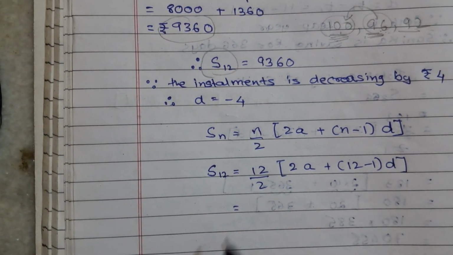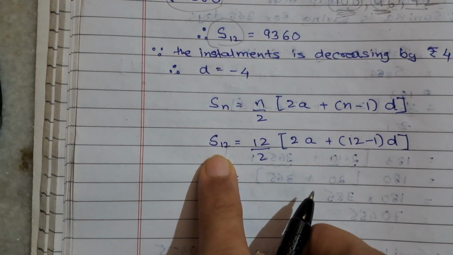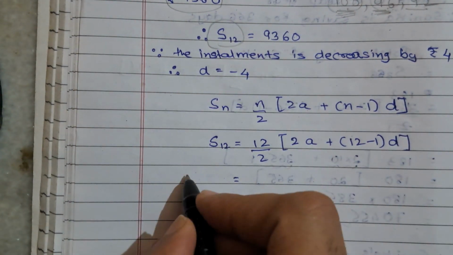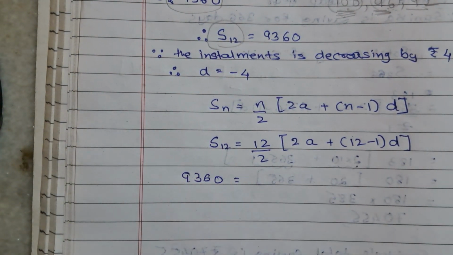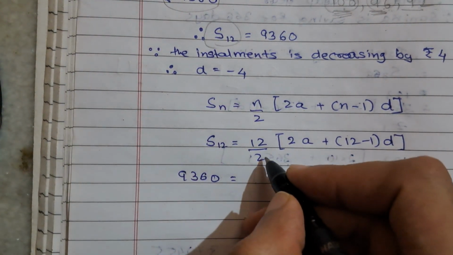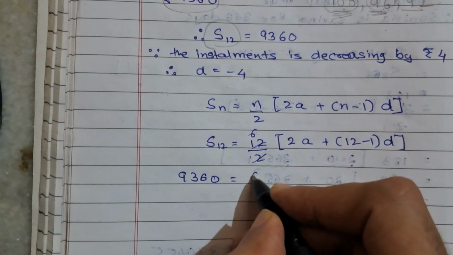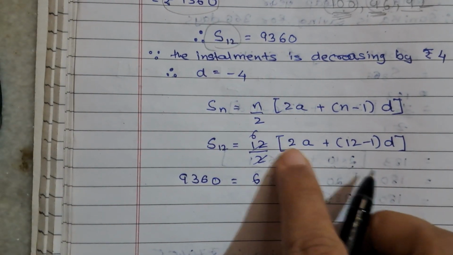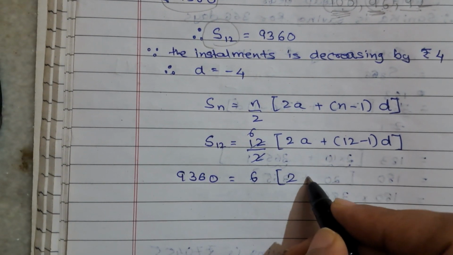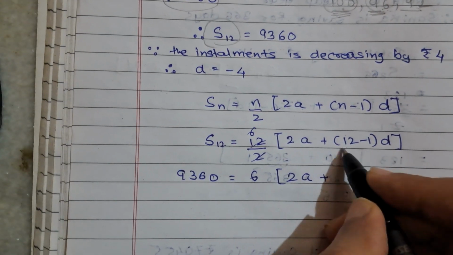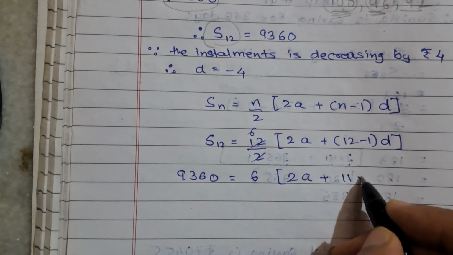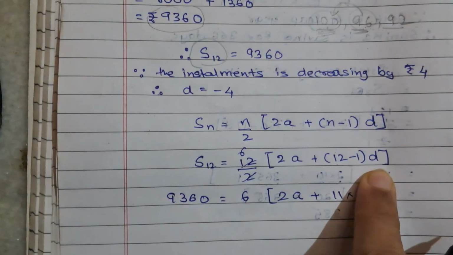Now let's see what happens next. Do I know S12, by the way? Yeah, I do know. S12 is 9360. If I cancel these two numbers, it will become 6. So let me write 6 here. And inside this, what do I know? 2a, I don't know still. A will remain a. 12 minus 1 is 11. D is nothing else but how much? Minus 4.